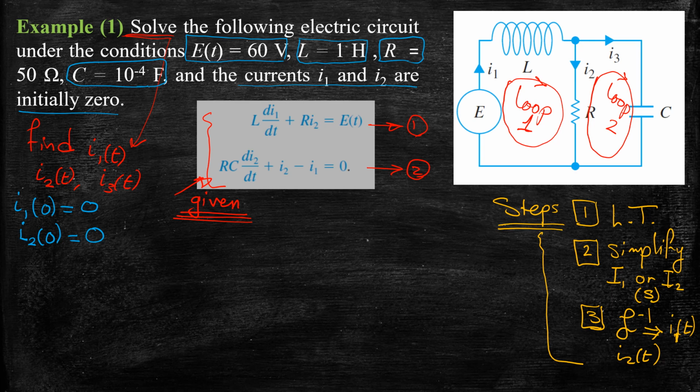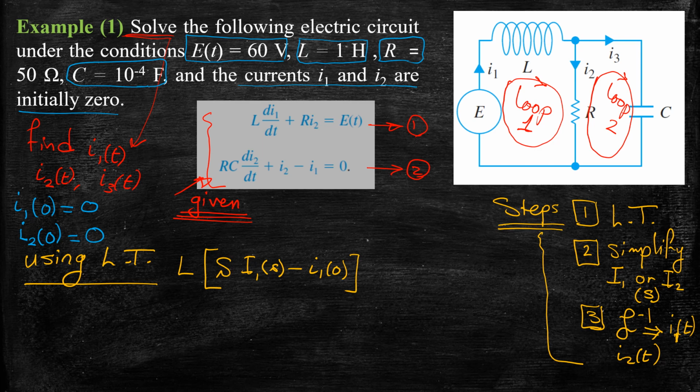All these three steps are the same for any kind of circuit. So let's see here. First, we have the first equation, so I will be using the Laplace transform. The Laplace transform of the first equation will be L times s I1 of s minus I1 of 0, and the other part will be R multiplied by I2 of s equal E of s.